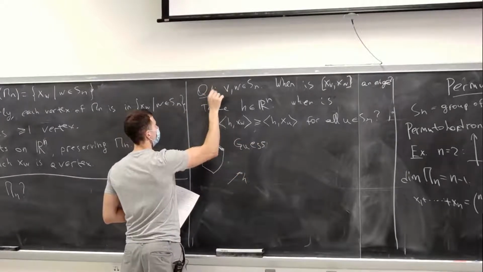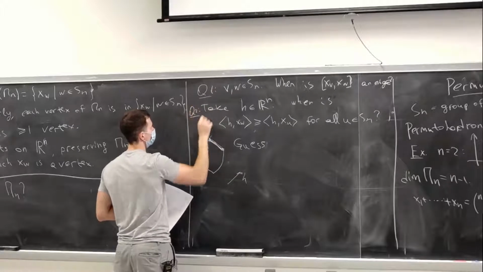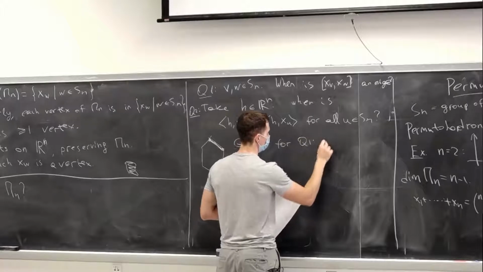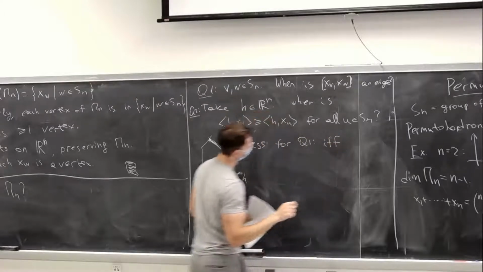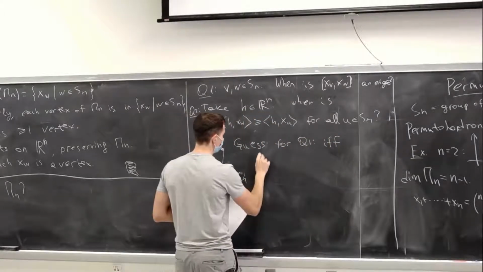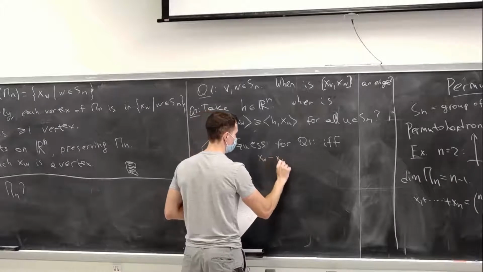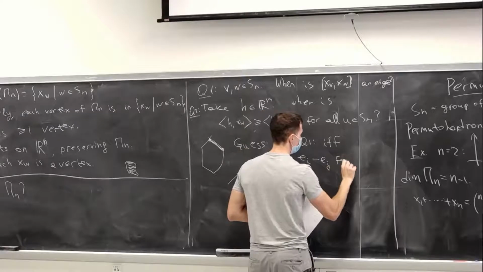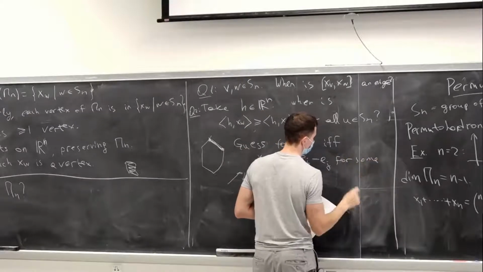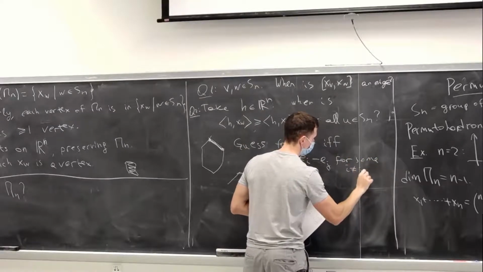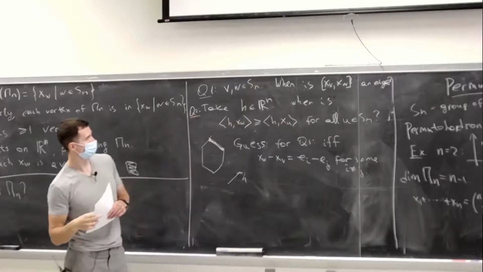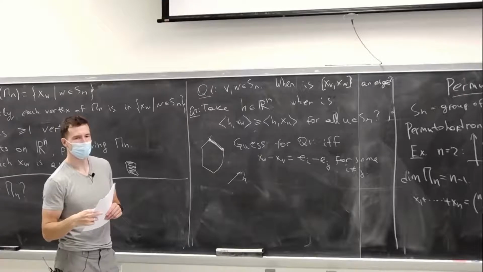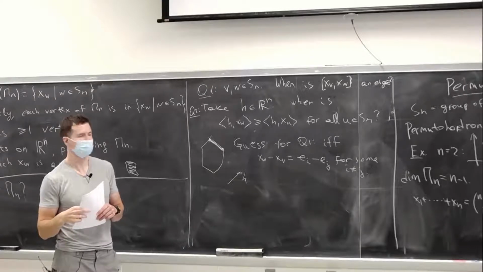Question number one, question number two. My guess for question number one is that it's an edge if and only if xw minus xv is equal to ei minus ej for some i not equal to j. Okay, does that sound simple?